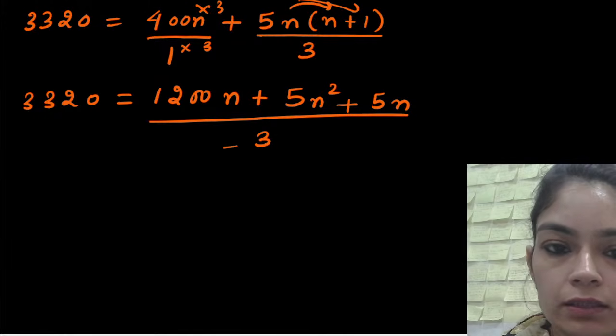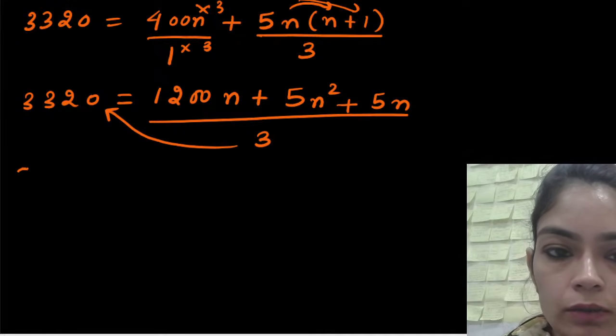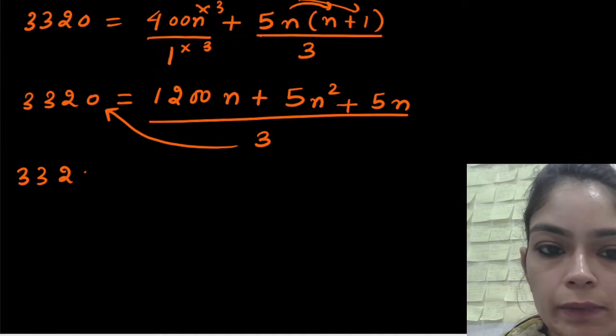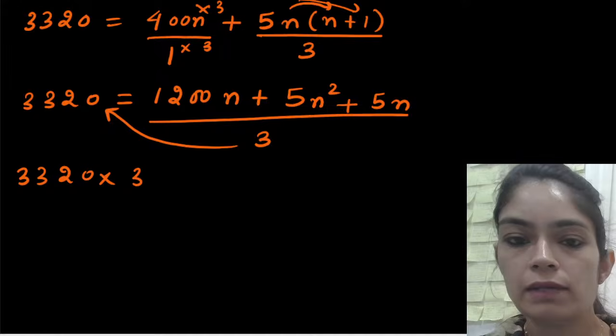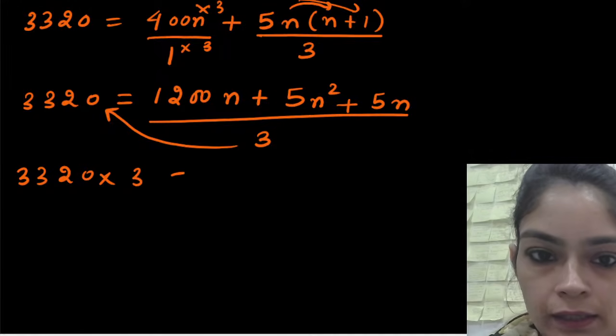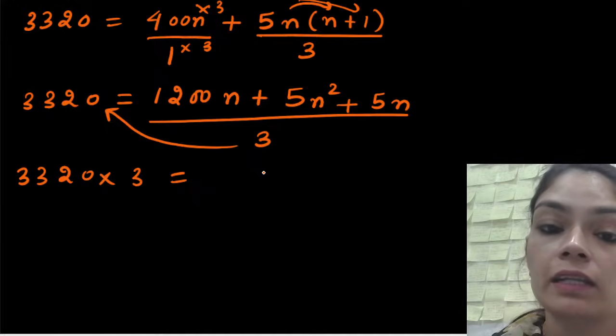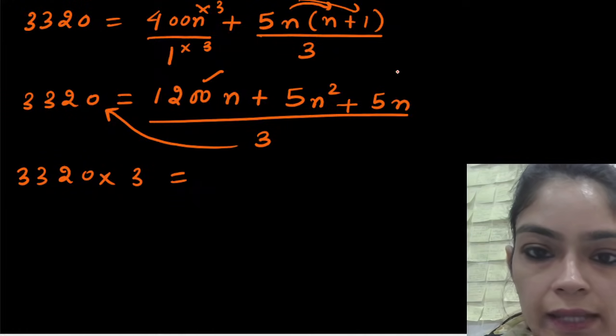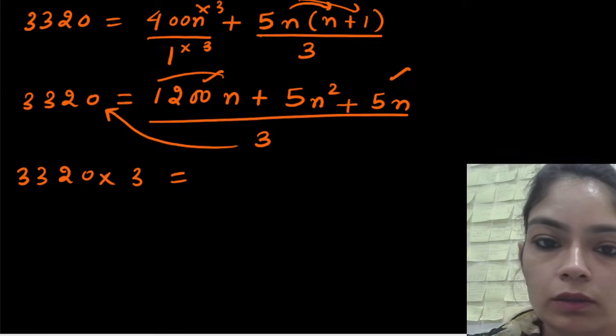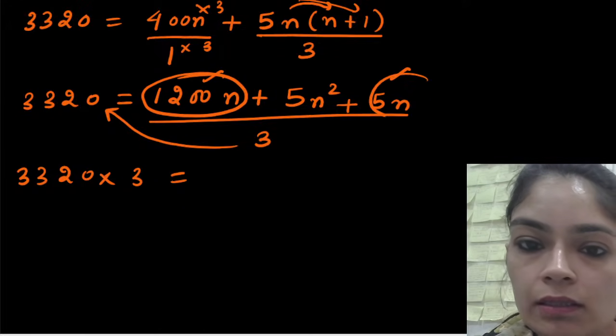Now like terms here, this 3 we will shift to the other side. So I will get here 3320 into 3 because here this 3 is getting multiplied. When we shift it to the other side, it will get divided. Here it is getting divided. When we shift it to the other side, it will get multiplied. So this side, see, like terms we have to add. This term also has N, this term also has N. So I can add these two.